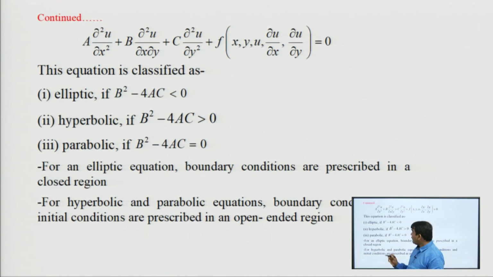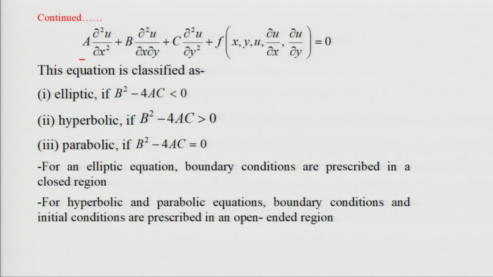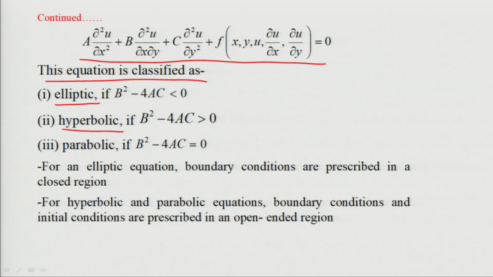Next. So, here this is the second order linear partial differential equation. This is the general form of the second order linear differential equation. This differential equation is classified into elliptic, hyperbolic and parabolic. To find the nature or classify, we have to find b square minus 4ac.